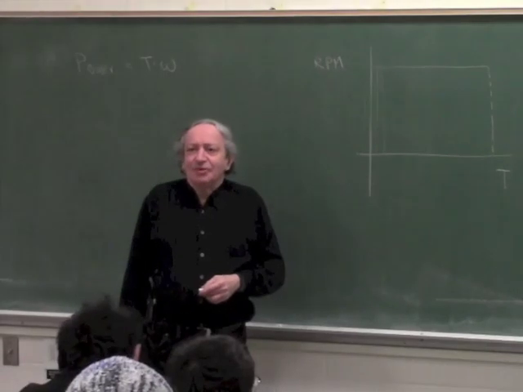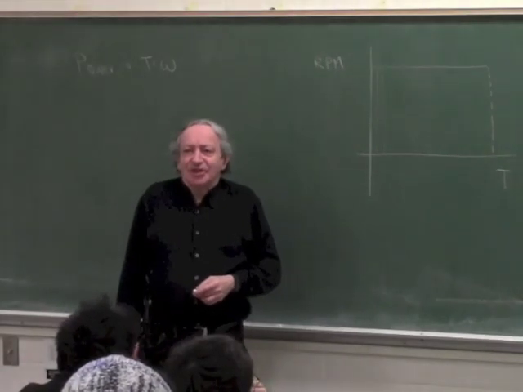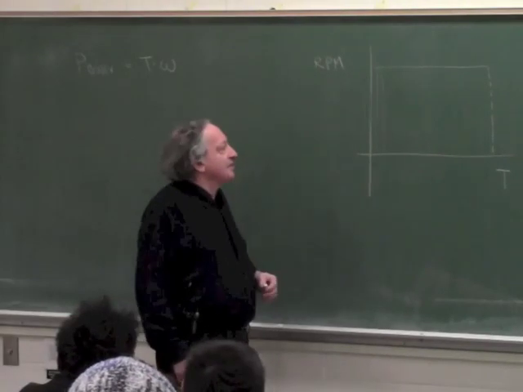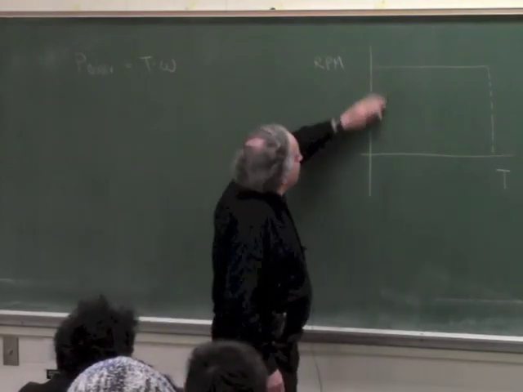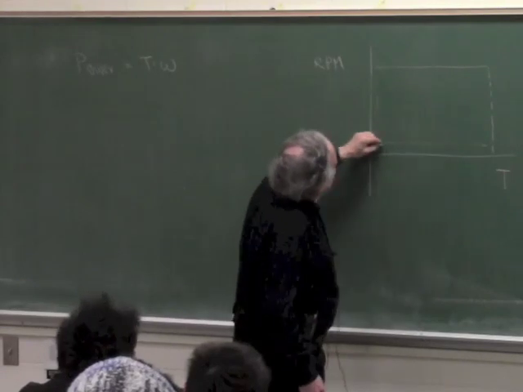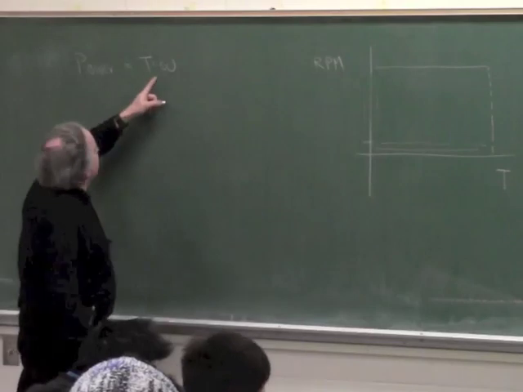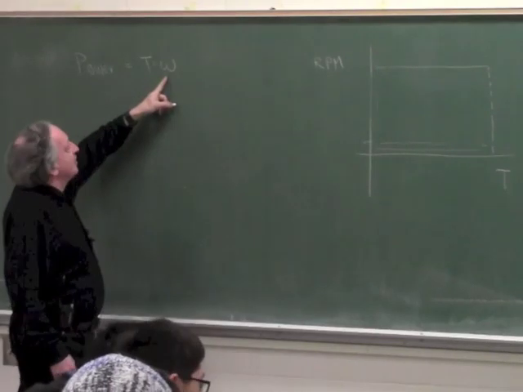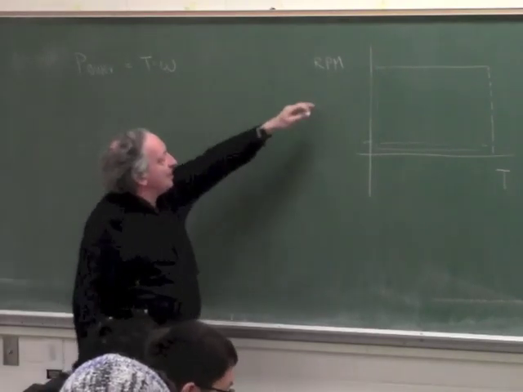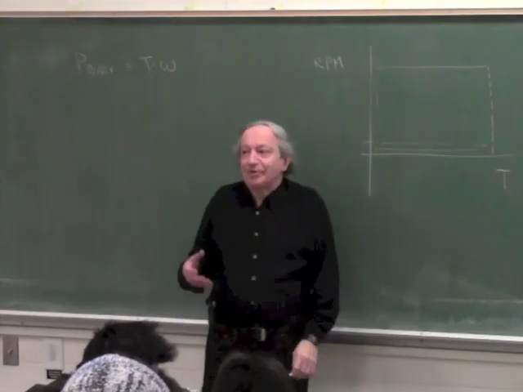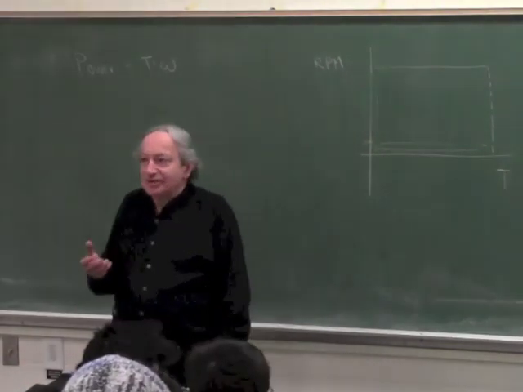But in most applications, at low speed, sometimes you need more. At very low speeds, the torque times omega becomes very low, because if the speed goes to 0, the power coming out of the motor goes to 0.